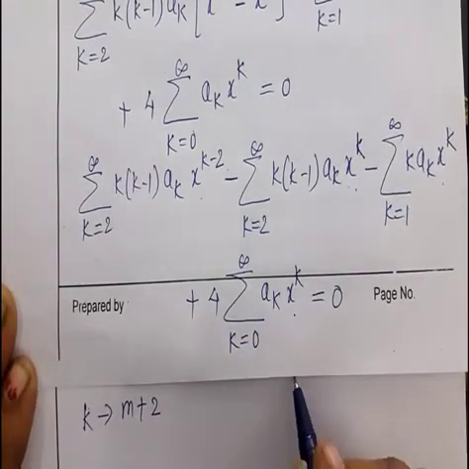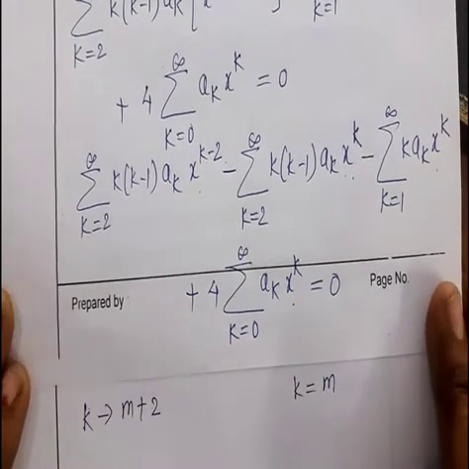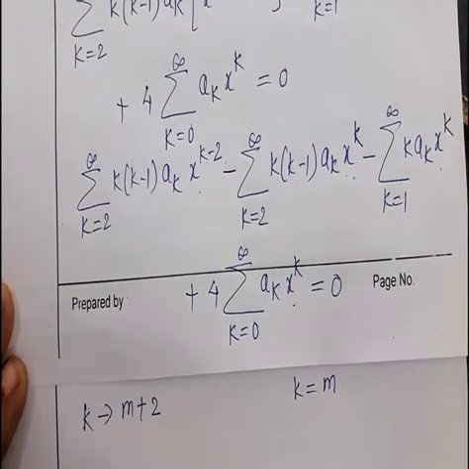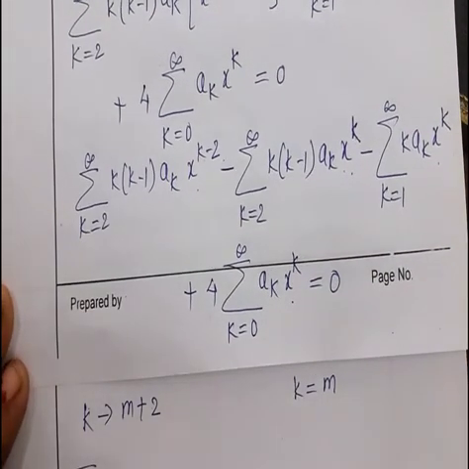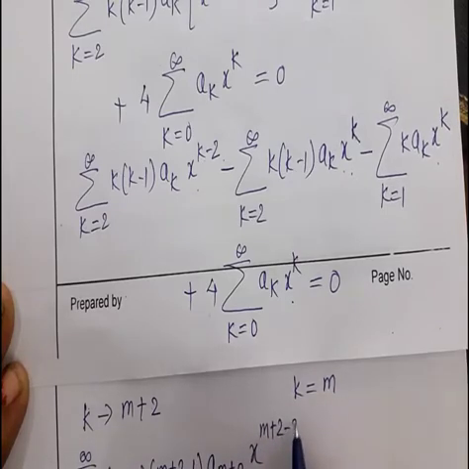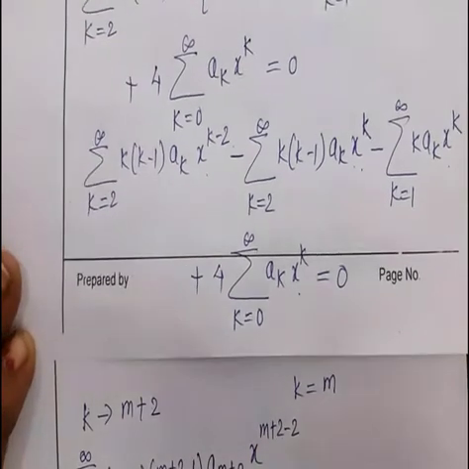But the remaining k we keep as m only, because the remaining terms we want as they are. So that summation becomes summation with k replaced by m plus 2, so m plus 2 is equal to 2 to infinity, k is m plus 2 multiplied by m plus 2 minus 1, a of m plus 2 x to the power m plus 2 minus 2. This is only the first term.